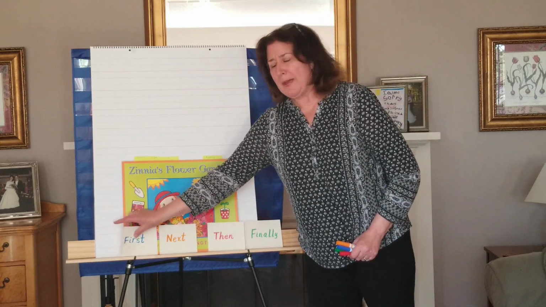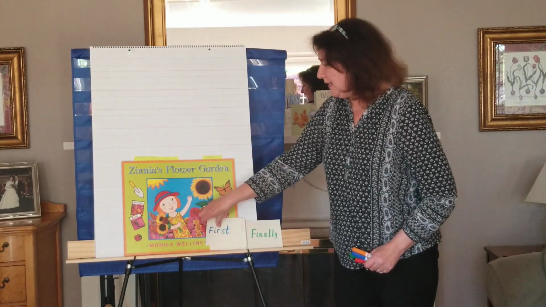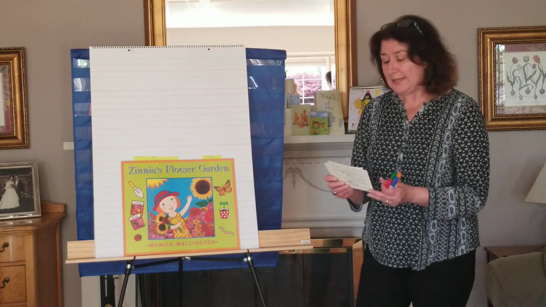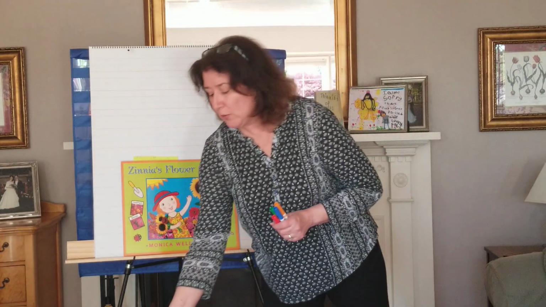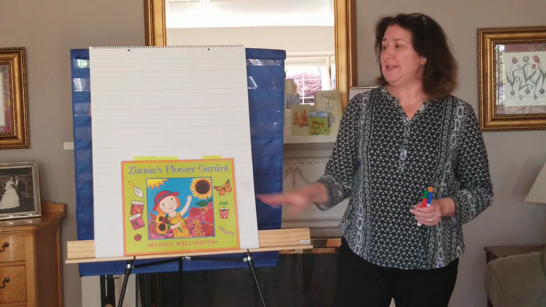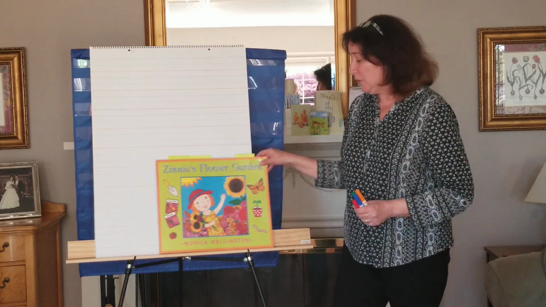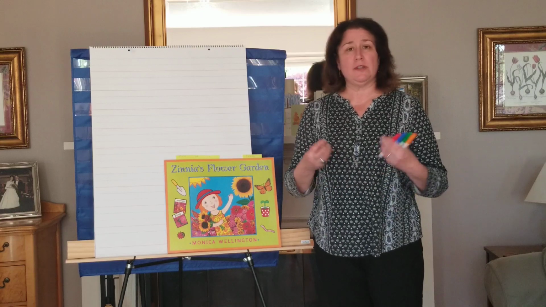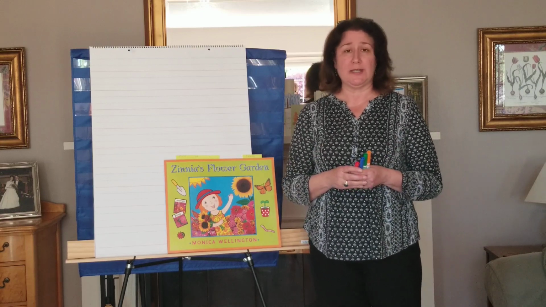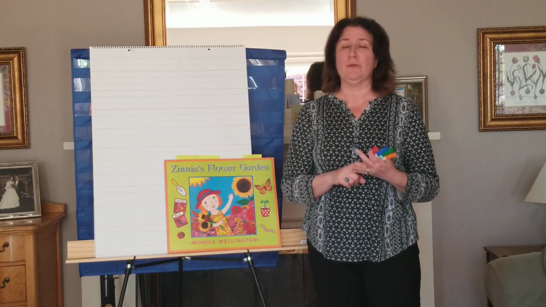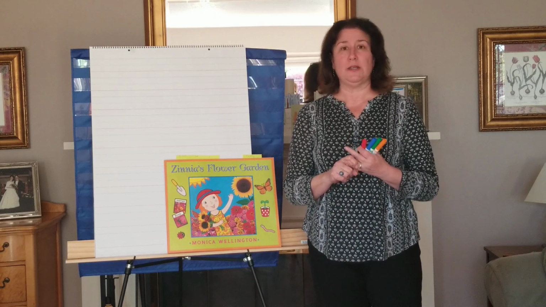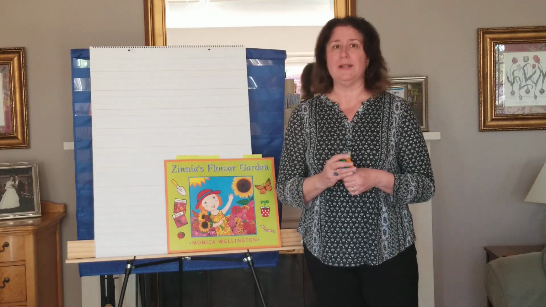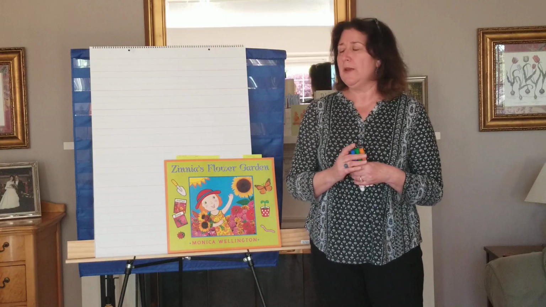So let's just think about this story, Zinnia's Flower Garden. Now, as I said before on the video when I read the story to you, this is a book that if we were at school, we could spend a lot of time looking at the pictures and the juicy details that she gives us, both in her words and her pictures. Monica Wellington loves to give lots of juicy details to her readers.